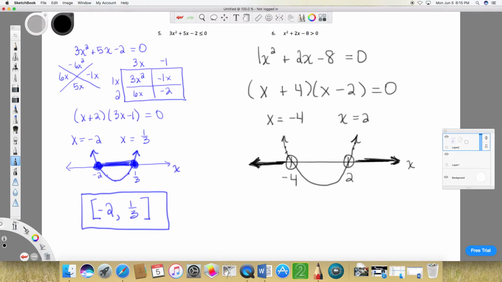Because any number that you pick in the shaded region, guaranteed that when you plug it into the equation there, you're going to get a positive value.